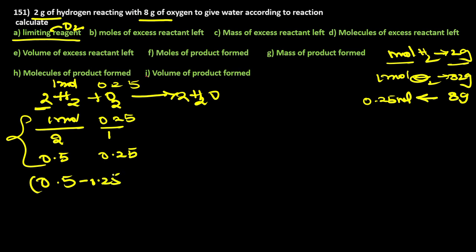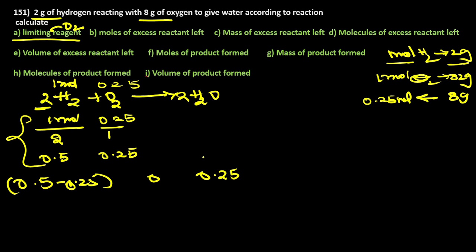That means 0.5 minus 0.25 is left, and here completely consumed. So here the limiting reagent, 0.25 is consumed from oxygen. From here also, how much is left? 0.25, and 0.25 is formed on this side.